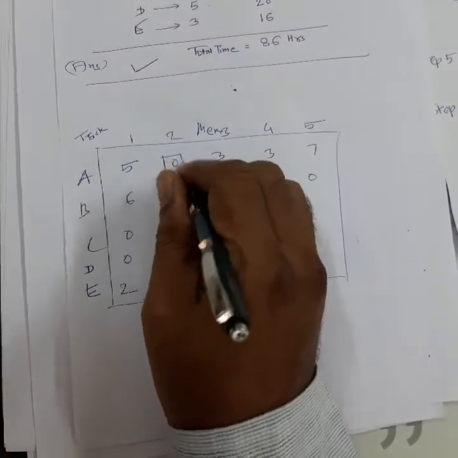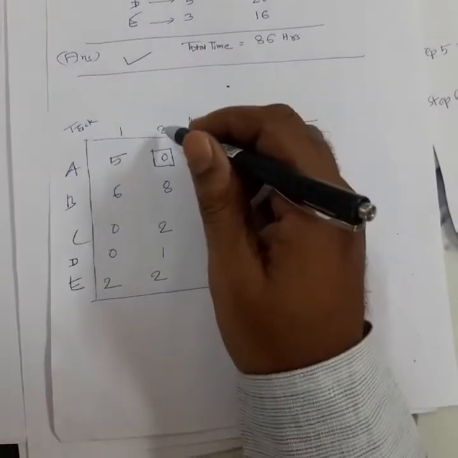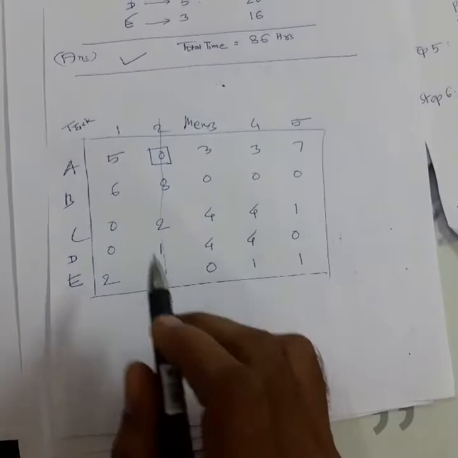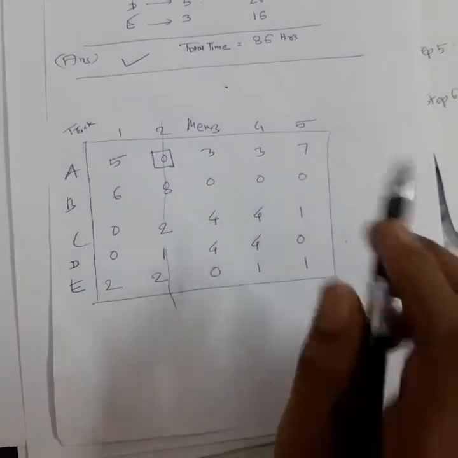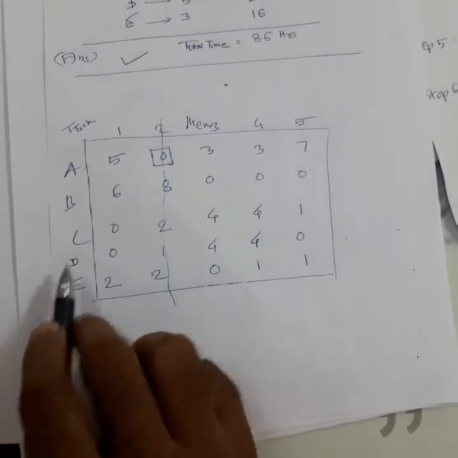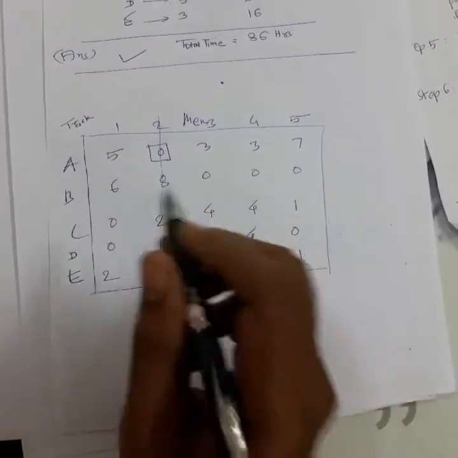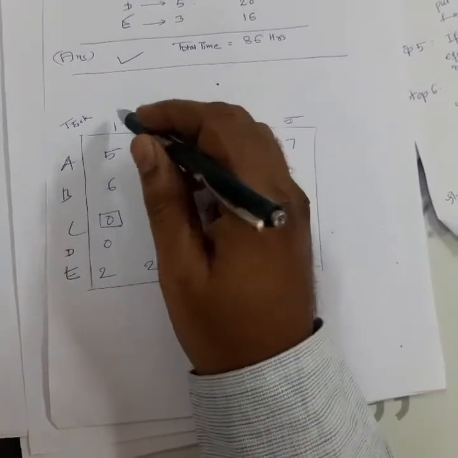Yes, 1 0 is there. Make a square mark and draw a vertical line passing through that 0. Check the second row, yes, more than 1 0, just keep it. Third row, yes, 1 0 is there, so put a square mark on it and draw a vertical line.